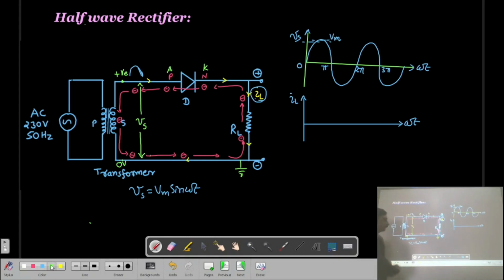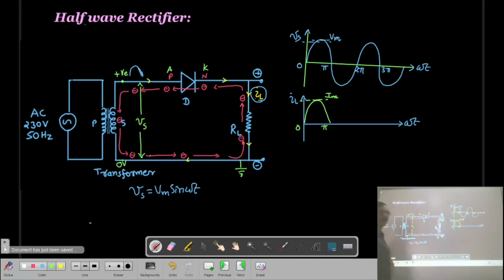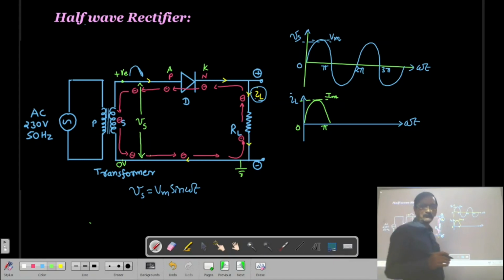So if we see the waveform for the load current, it will be like this, 0 to pi. And this is known as the maximum current IM. So during this positive cycle, the diode is in forward bias and there will be a flow of load current through the load resistance RL.